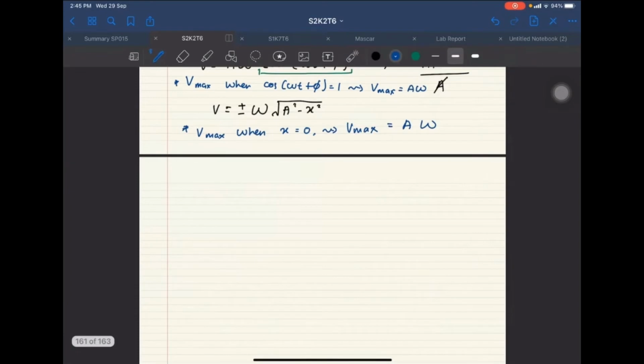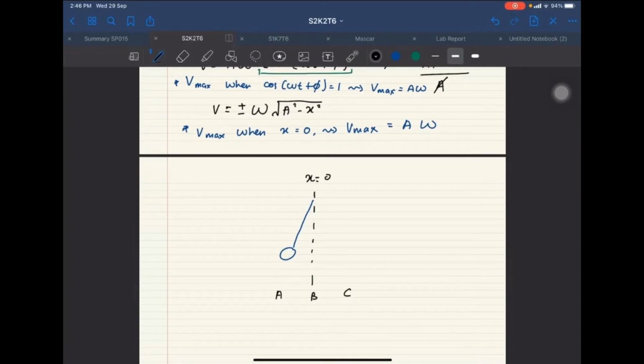So, in terms of drawing, katakan saya ada simple harmonic motion. So, this is my equilibrium. V maximum dekat mana? Adakah dekat position A, position B, ataupun position C?